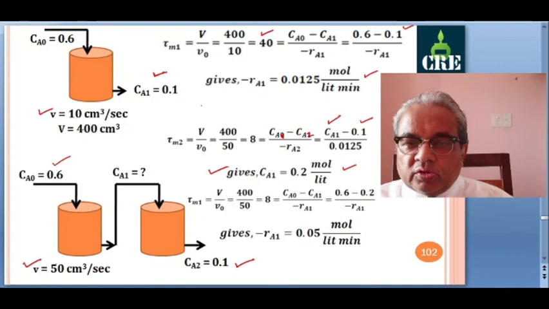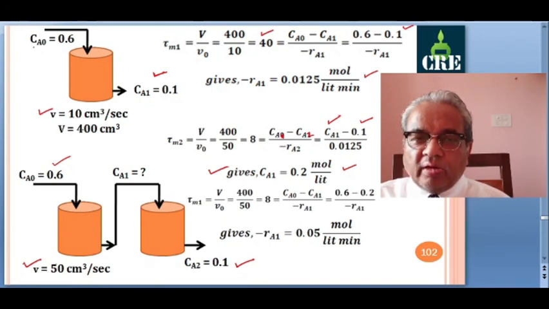Okay. So you just note this correction for tau m2, the second reactor: it is Ca1 minus Ca2. Okay. And what information have we been given?